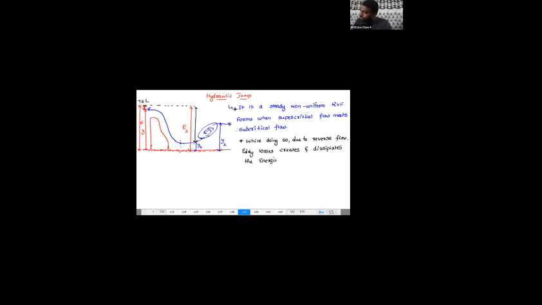While doing so, due to reverse of flow, the eddy losses are going to be created and dissipate the energy. Now from here onwards, due to eddy losses, the energy will decrease, and once the jump is formed, up to this point the jump, right? And once the jump forms, again it is going to be the normal one.